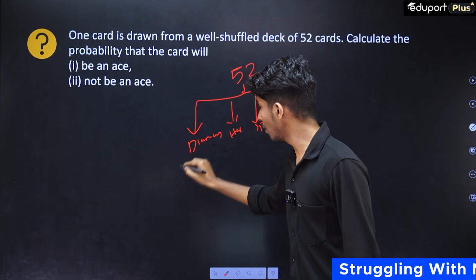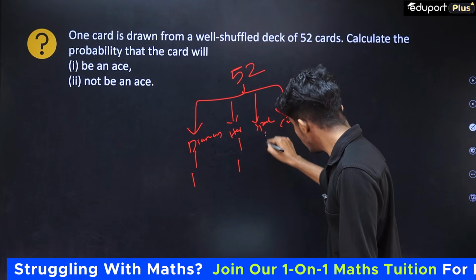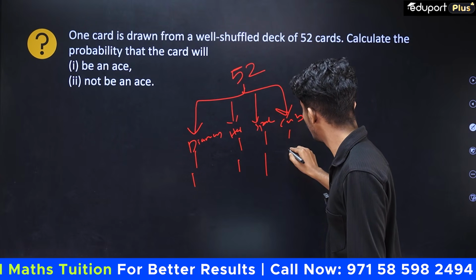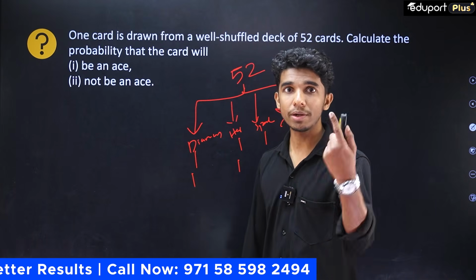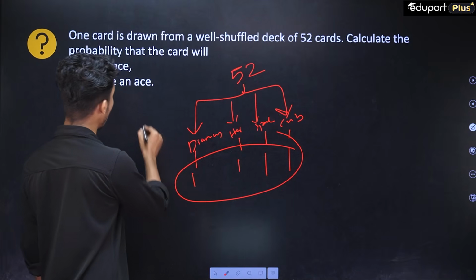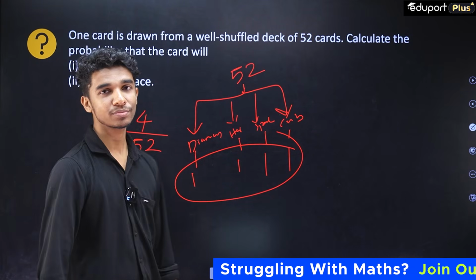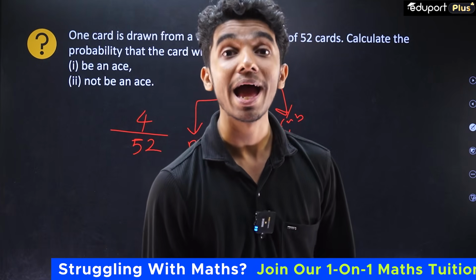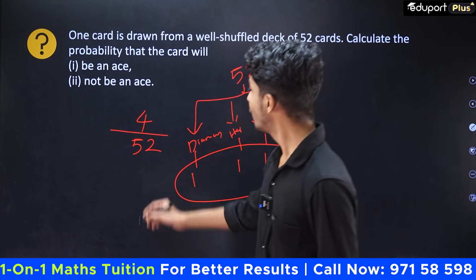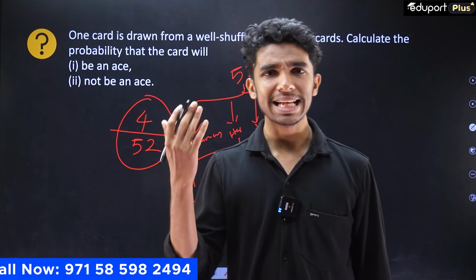Under diamond you will have one ace, under heart one ace, under spade one ace, under club one ace. So totally you will have 4 aces out of 52. So the probability will be 4 divided by 52. Okay, it's a normal problem from the sections we have discussed.